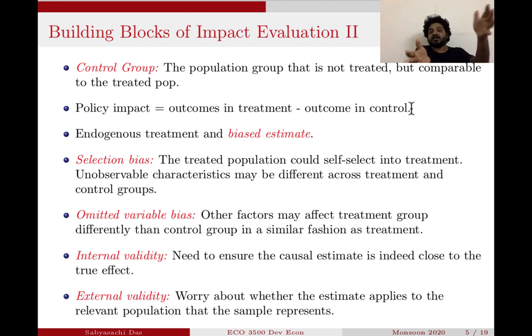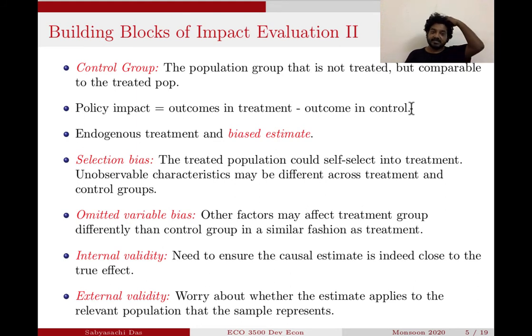The government doesn't care about my small sample. So that's the idea of external validity. To what extent does your estimated impact of policy generalize to the entire relevant population that the sample of treatment plus control is supposed to represent?